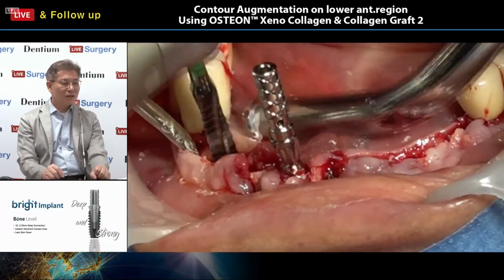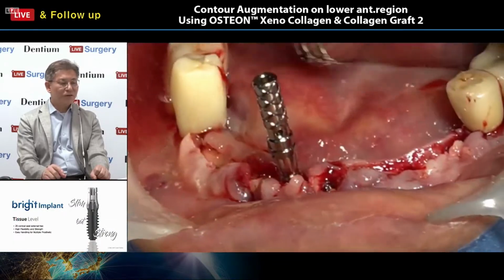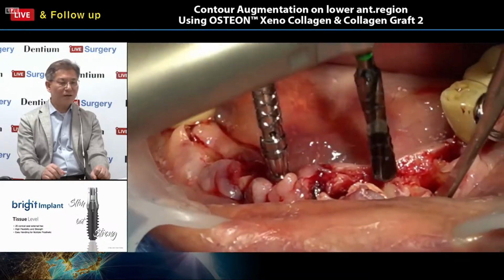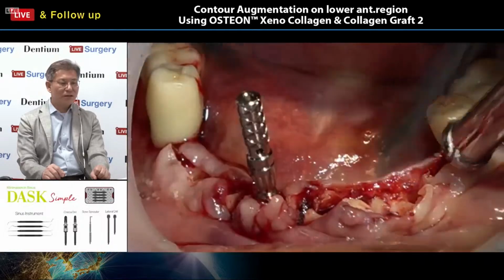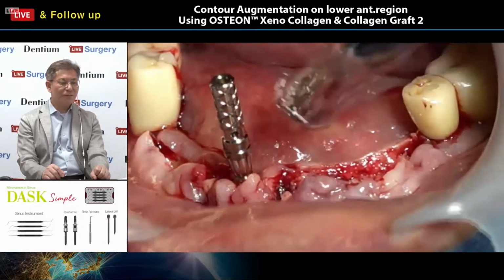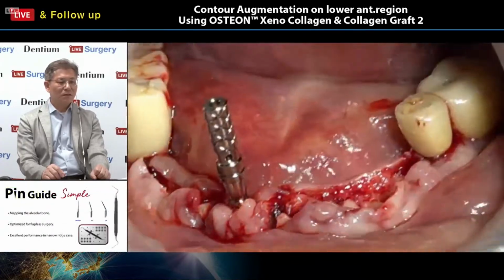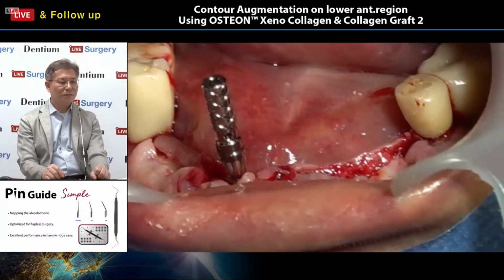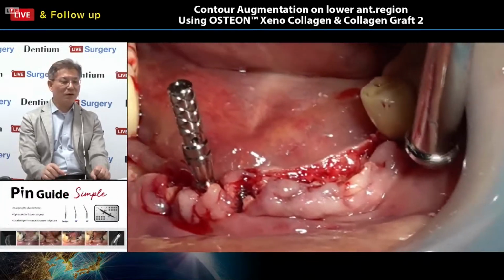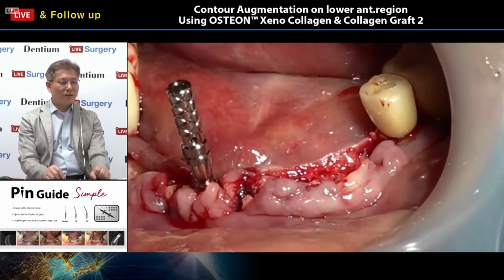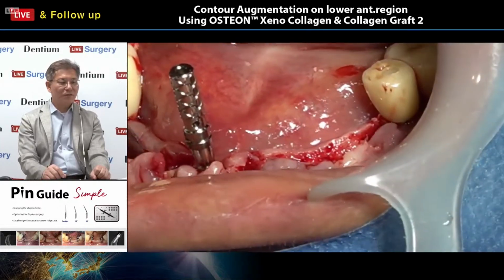Okay, so Dr. Chung is going to place an implant fixture on number 44 area, 4.0 diameter, and the same as 33 area. Oh, okay. He stopped just before going to the bigger final drill, 4.0.